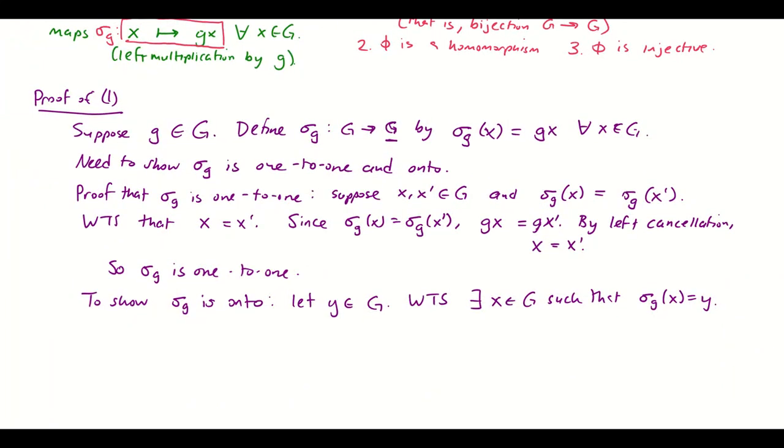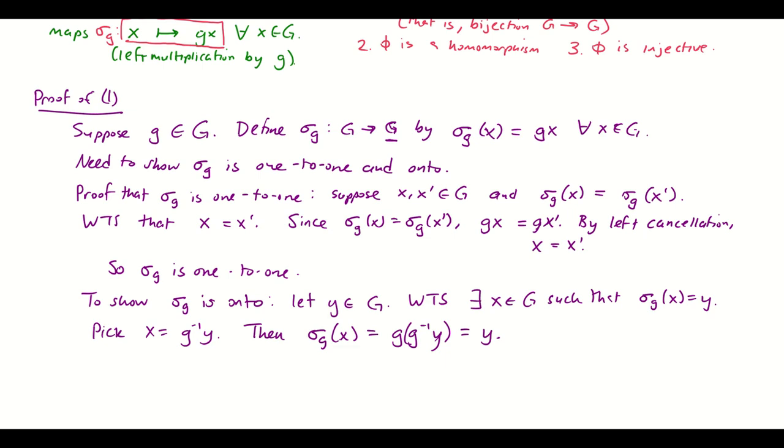So let's pick x to be g inverse of y, just what we said a minute ago. Then sigma g of x is equal to g inverse of y, because that's what x was, and that's equal to, well, that's just plain y.